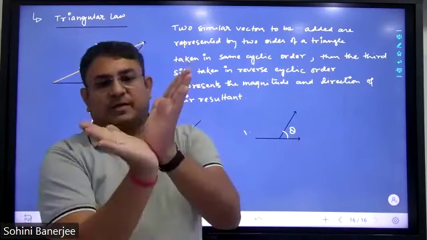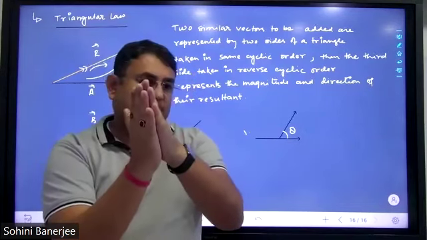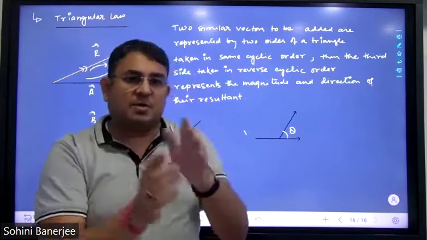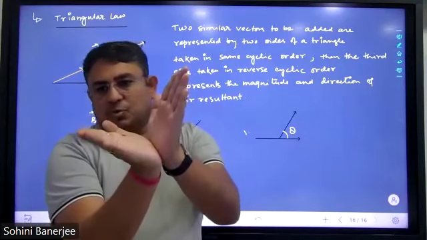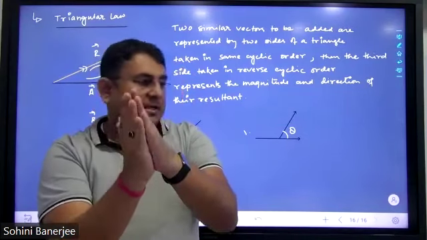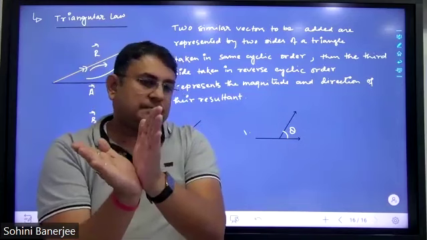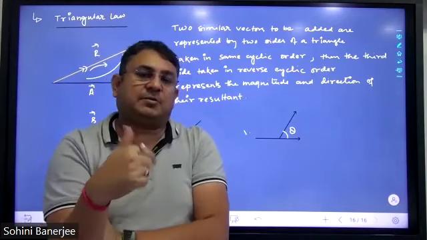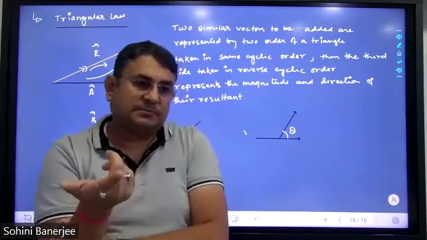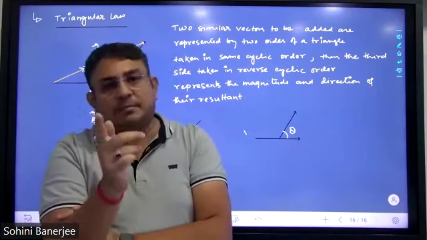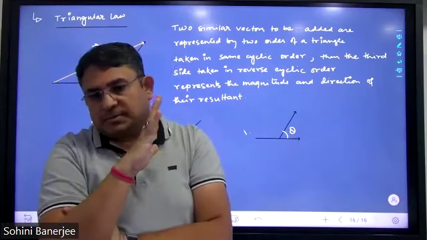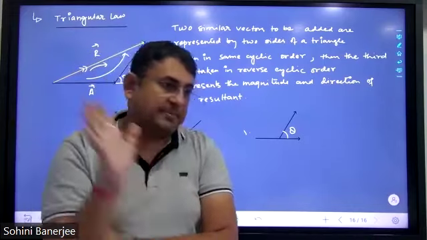What were we doing until now? Adding two vectors to get a single vector. That is just the reverse: one vector given, resolved into two. That is the resolution of vectors. After resolution of vectors, the component method of vector addition, and then the product of vectors. Then we'll be done with the vector algebra part.